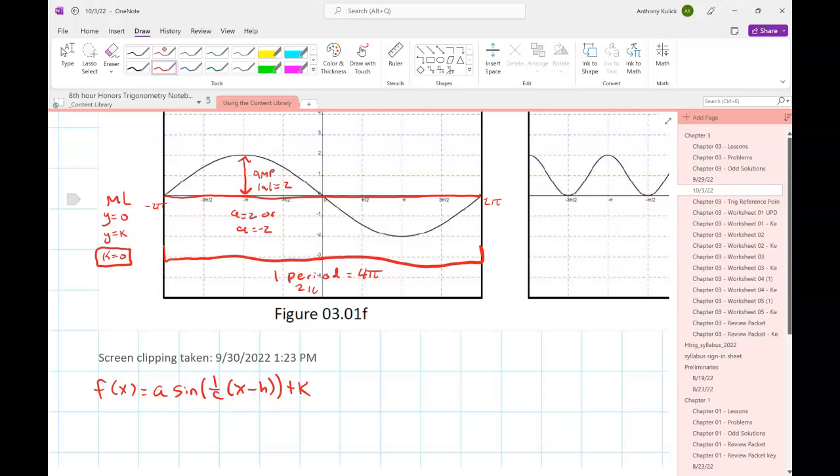So we knew the period is 2 pi times the absolute value of c. So I know the absolute value of c then is 2. So c equals 2 or -2. Everybody's okay with that? All right.